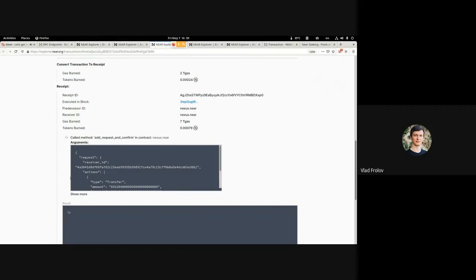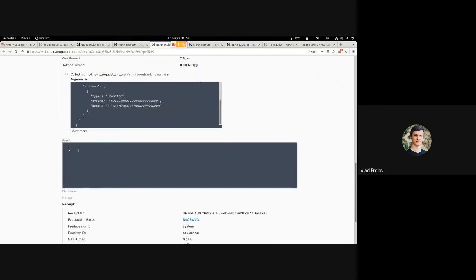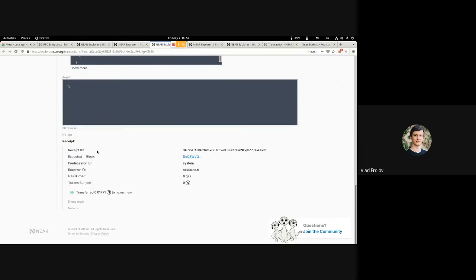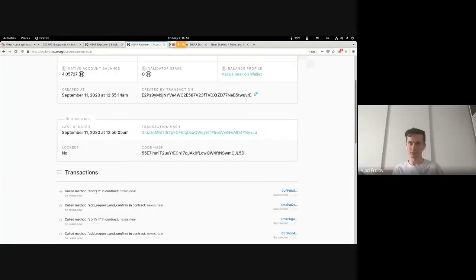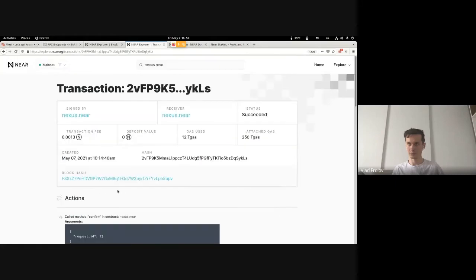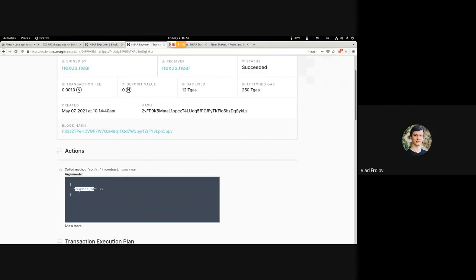What this contract does is it receives this method and these parameters, and it just stores these parameters in its local state and returns you the unique ID. And it also refunds you with some tokens. The second transaction, which calls confirm, says I'm confirming the request ID 72.